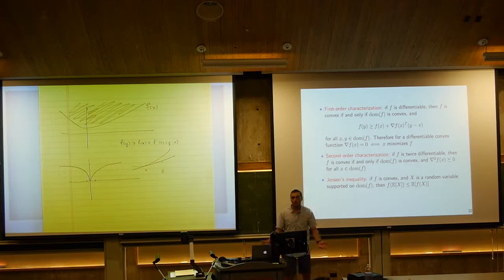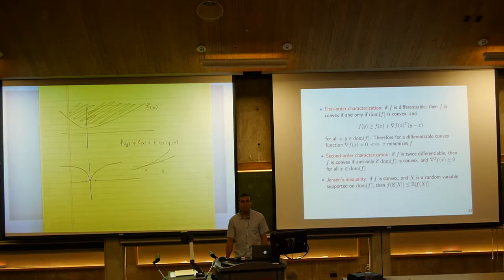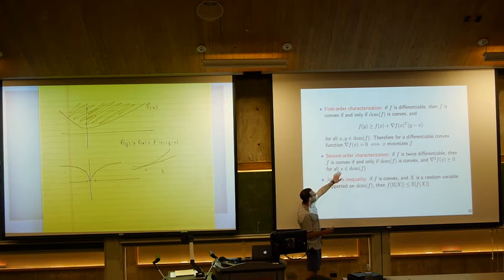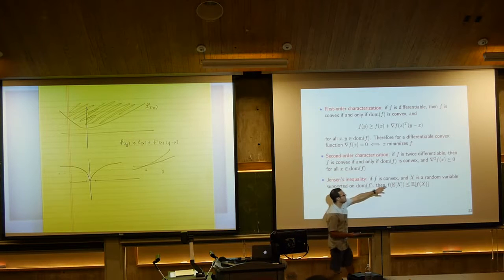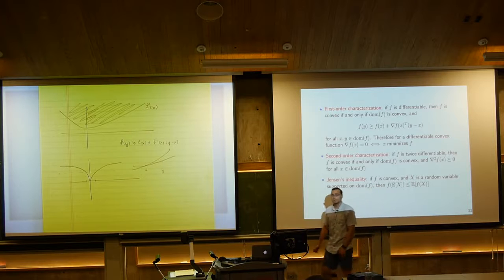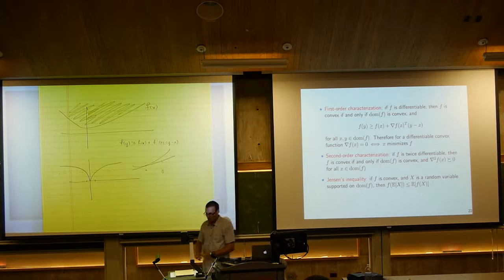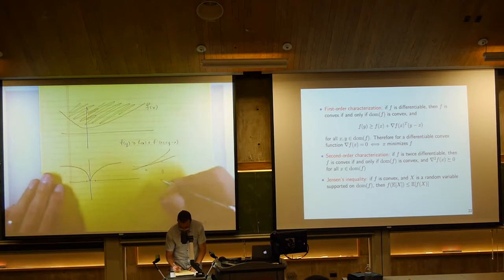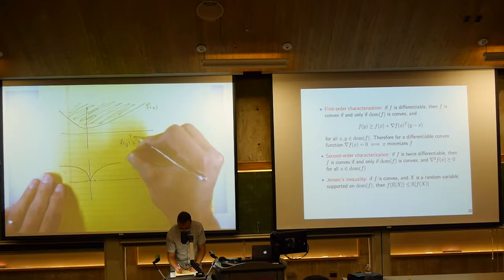So that's a condition equivalent to convexity, or strict convexity with a strict inequality, when f is smooth. Another characterization is based on the second derivative. If f is twice differentiable, then it's convex provided that the Hessian matrix is positive semi-definite at every point x. Another way of thinking about that, again, is in one dimension. So this was the first order condition.